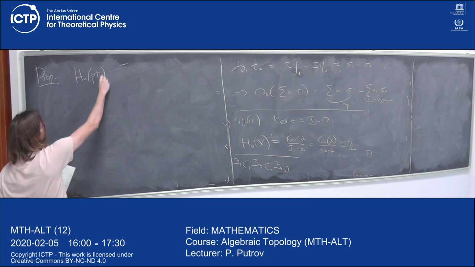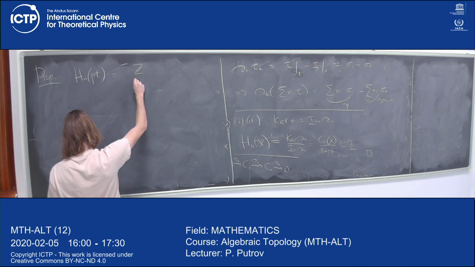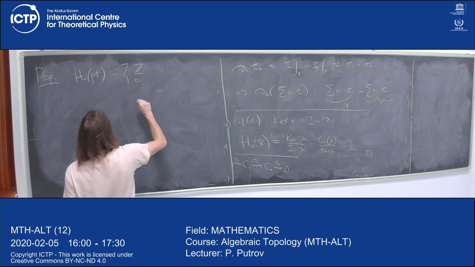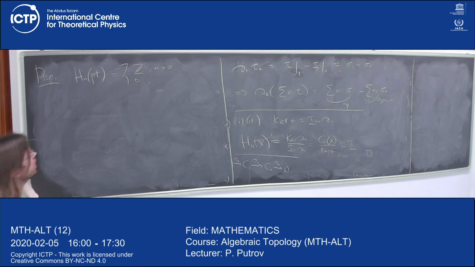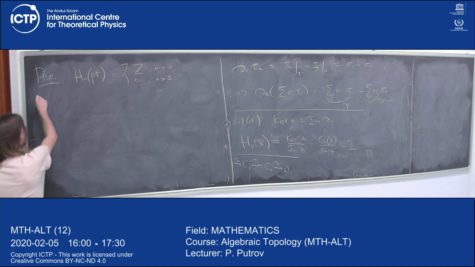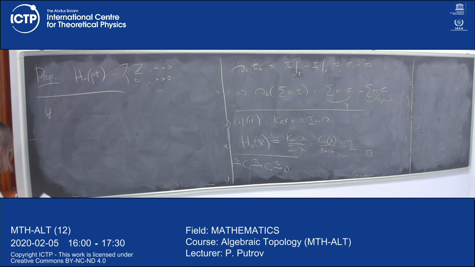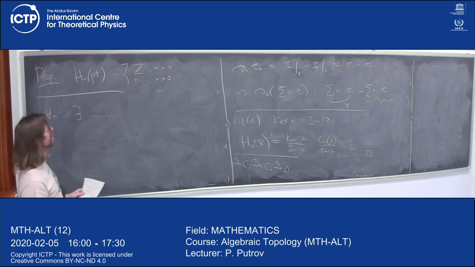So now let us calculate something simple, the homology of a point. We want to show that for n equals 0 it is Z, which agrees with what we showed before, but for all other n's it is trivial. So how do we calculate this? For any n, this is a point, so the singular simplices are maps to a point, and there is only one map to a point.